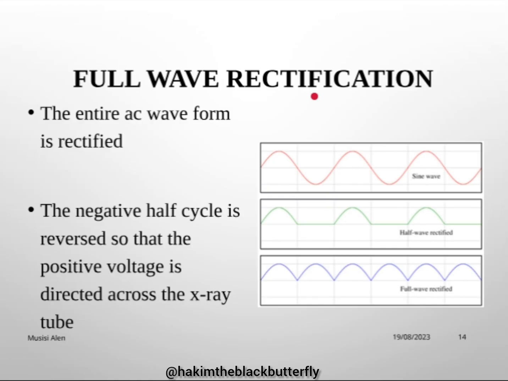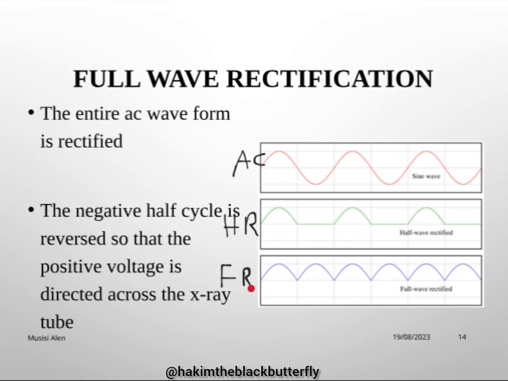So for the full wave rectification, the entire AC waveform is rectified. You can see here, this is an AC voltage. This is half wave rectification, and this is full wave rectification.